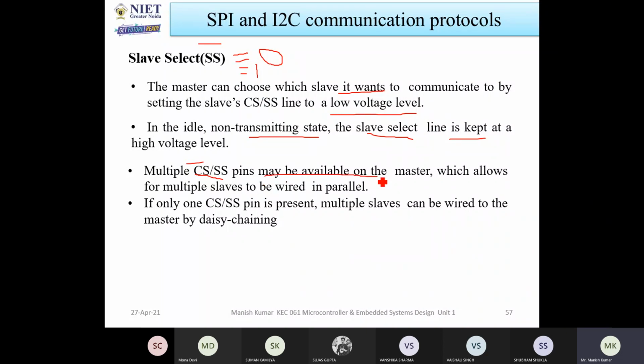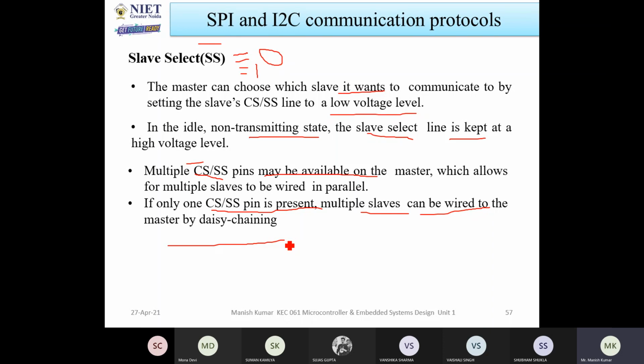Remember that if you want to connect more than 2 slaves, that particular number of pins will be available on the master. If only one slave select pin is present, multiple slaves can be wired to the master by daisy chaining. What is daisy chaining?